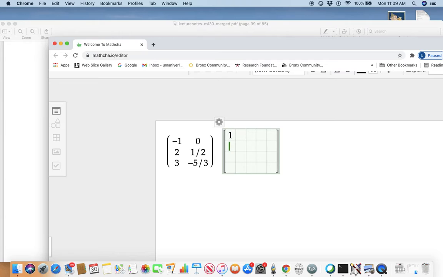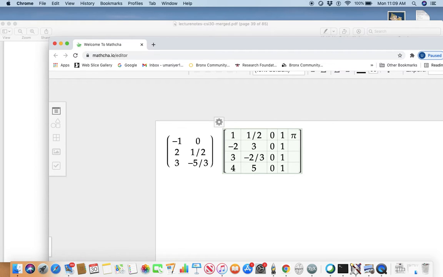I can write whatever numbers I like. I'm allowed to have a column full of zeros. I'm allowed to have a column full of ones. I'm allowed to have any sort of numbers. Pi.